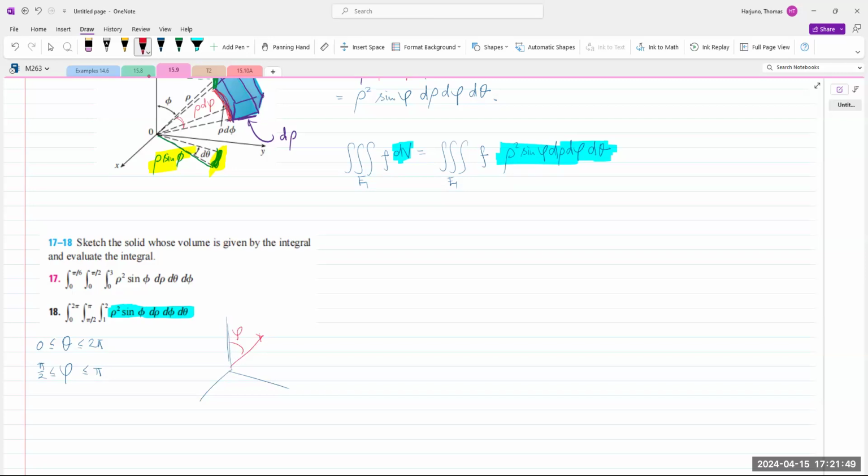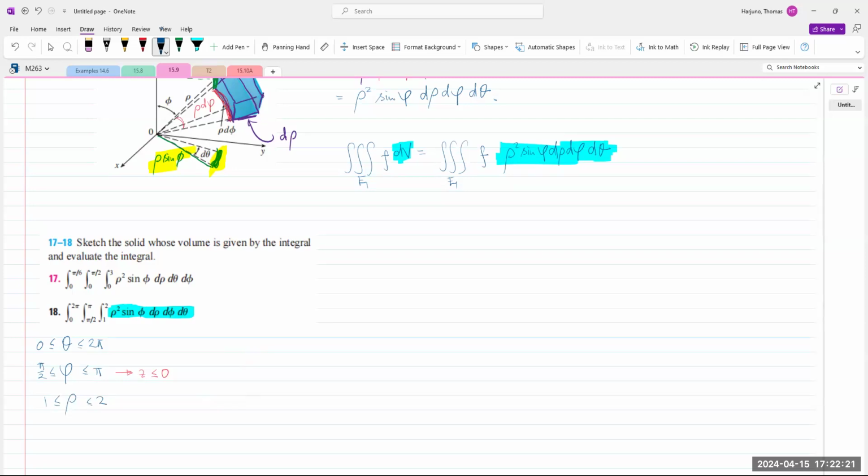So if the phi is from pi over 2 to pi, it means it's already below the xy plane. Okay, it's below xy plane. In other words, this means the z is less than or equal to 0. And then the last part, rho, is from 1 to 2.